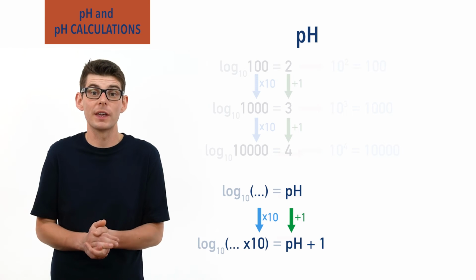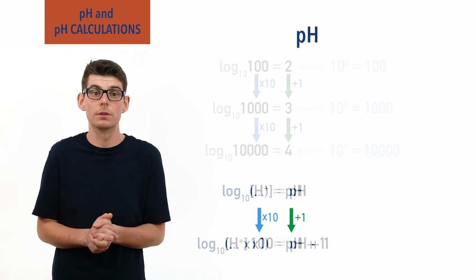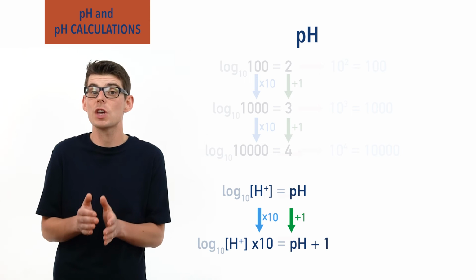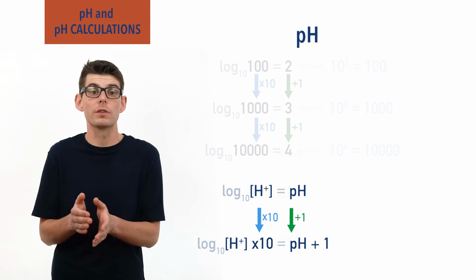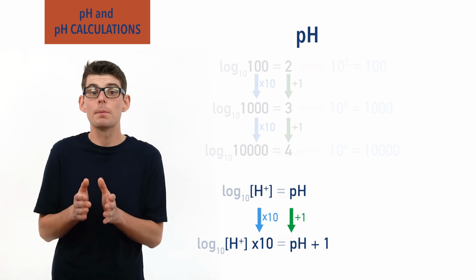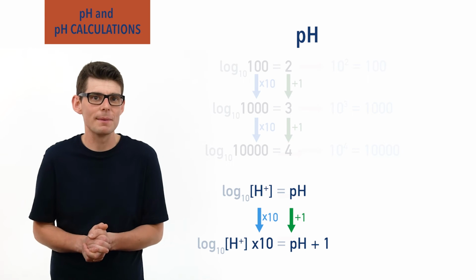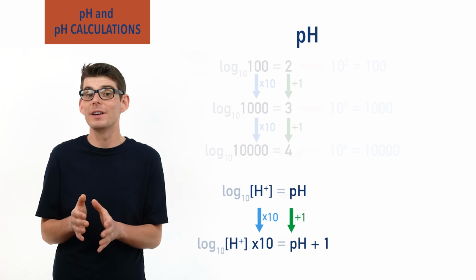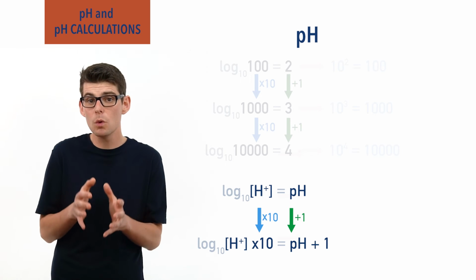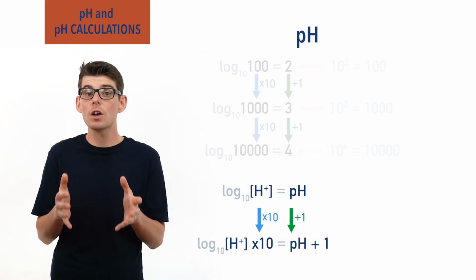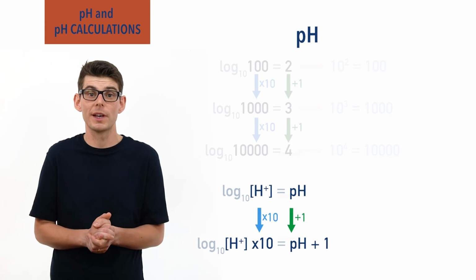Here, that something is concentration of hydrogen ions, meaning if pH changes by 1, concentration of hydrogen ions increases by a factor of 10. And just to make things a little bit more confusing, the pH scale is negative, meaning the smaller the pH value, the larger the H+ ion concentration value.